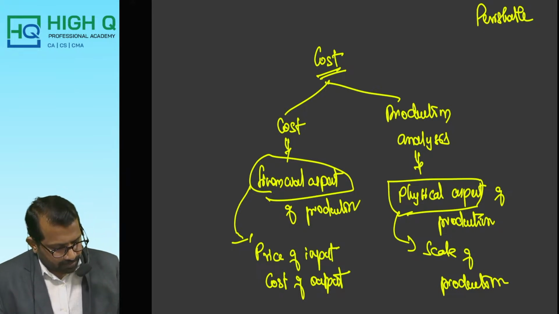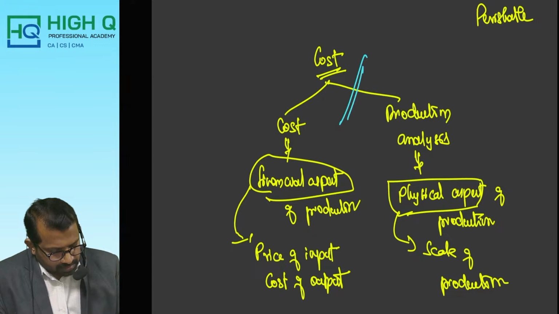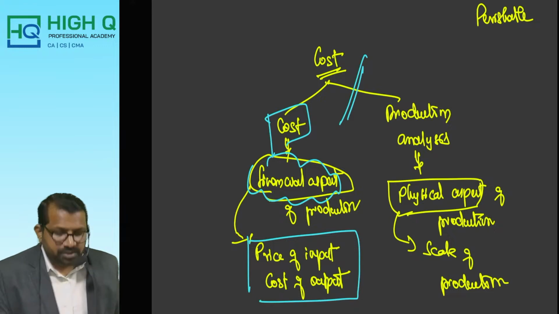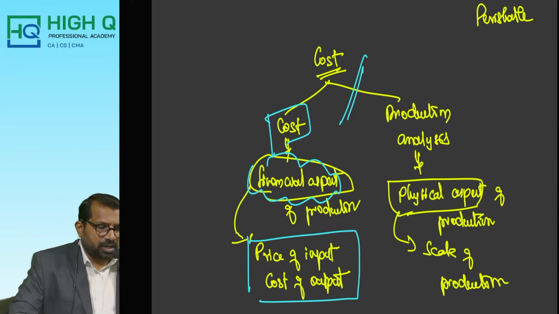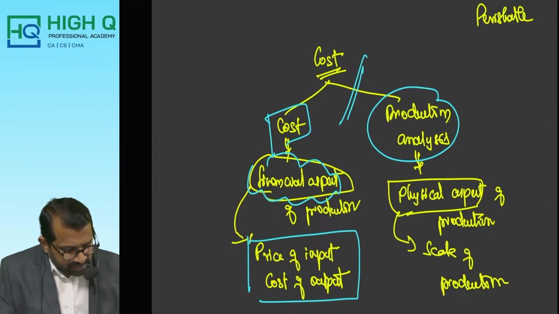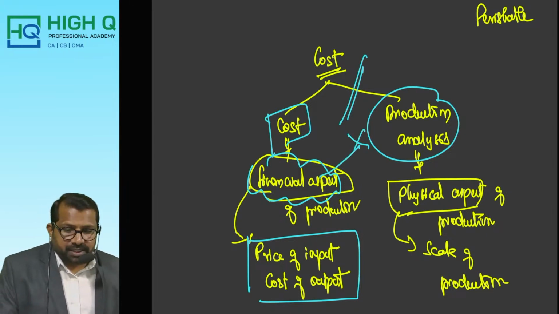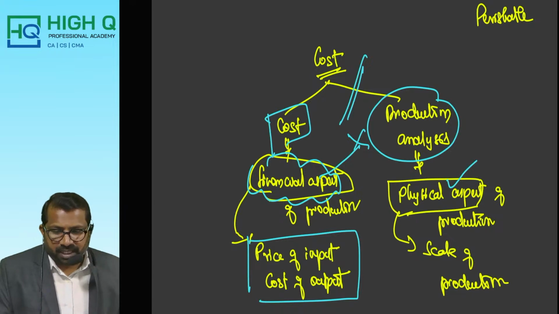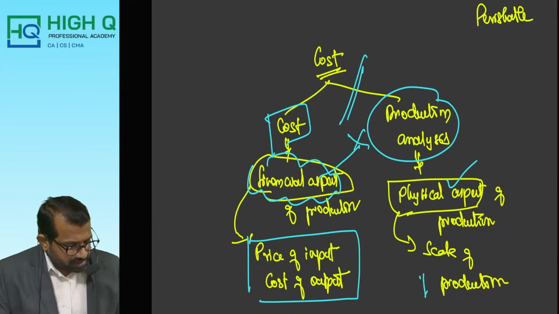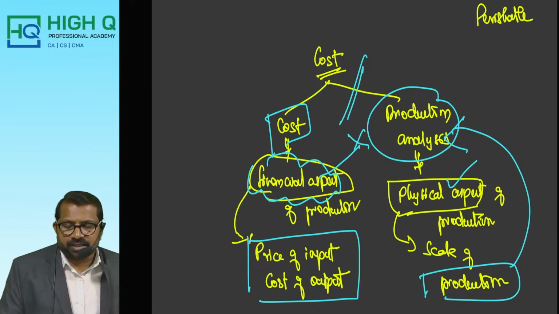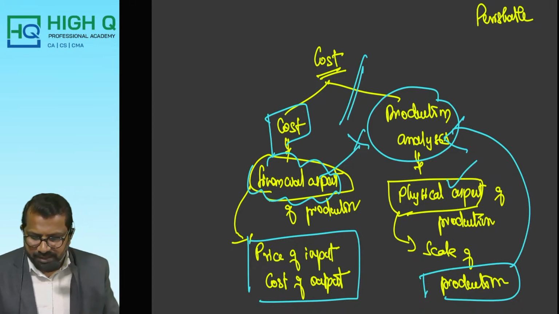So here cost deals with financial aspects of production, especially price of input as well as cost of output. In production analysis, this financial aspect may not be presented. Instead, physical aspect is presented. The actual amount of production required to analyze the production is called production analysis.